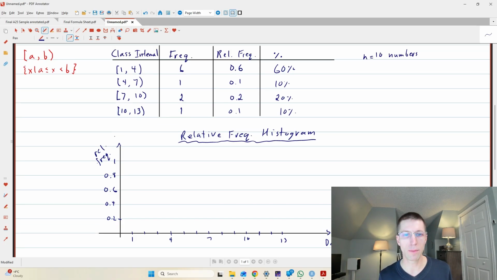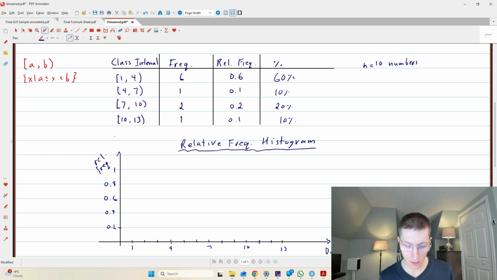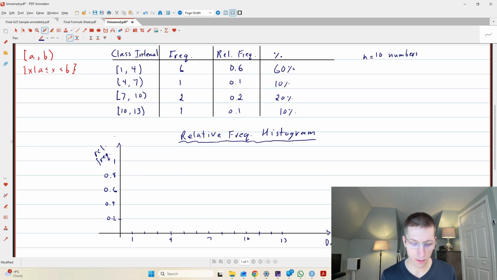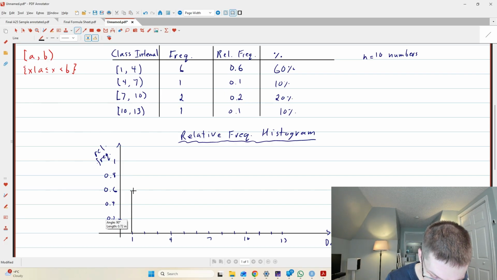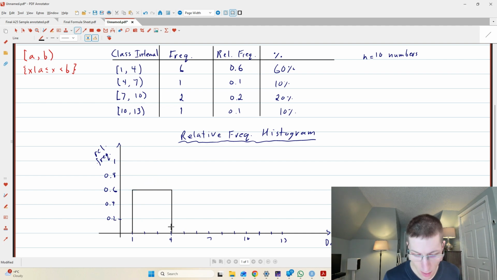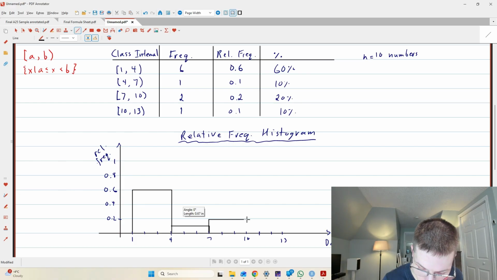And now we just plot the heights of the bars. So that's the relative frequencies. The tallest one, as you can see, is from 1 to 4, and that gets 0.6. Like I said, you're going to want to maybe bring a ruler, unless you're just good at drawing straight lines. Then we got another one that is just 0.1 from 4 to 7, and then a 0.2 from 7 to 10, and a 0.1 from 10 to 13.